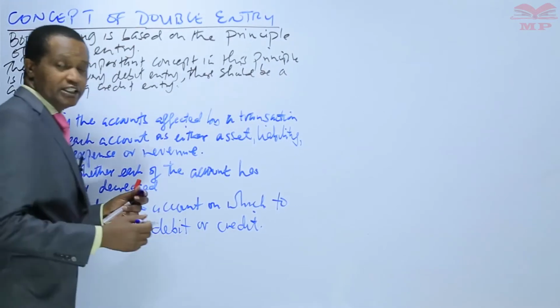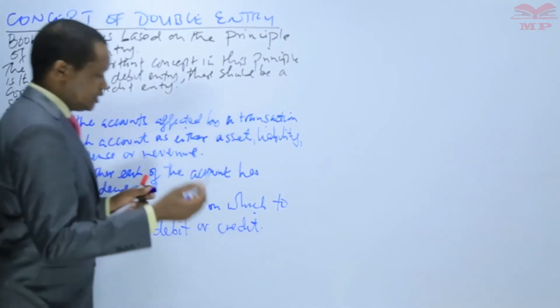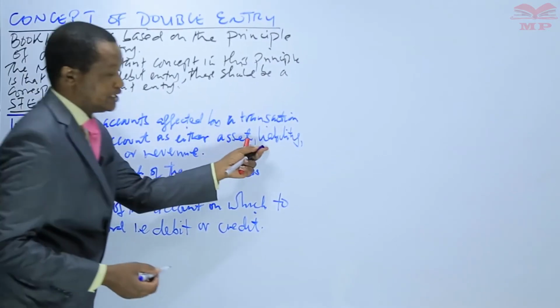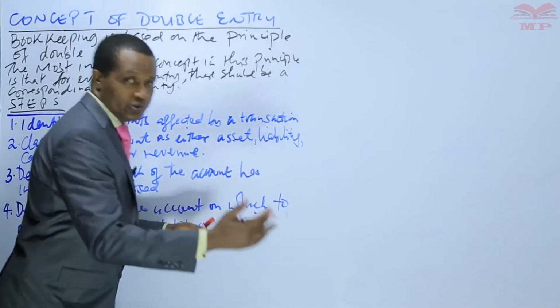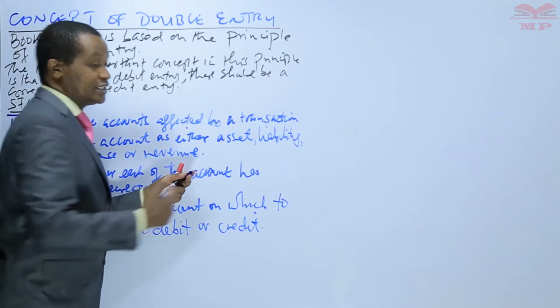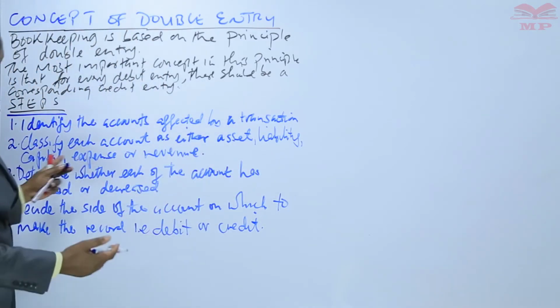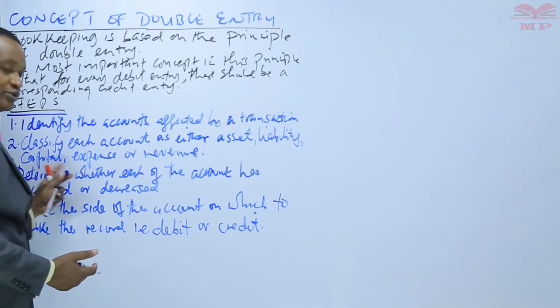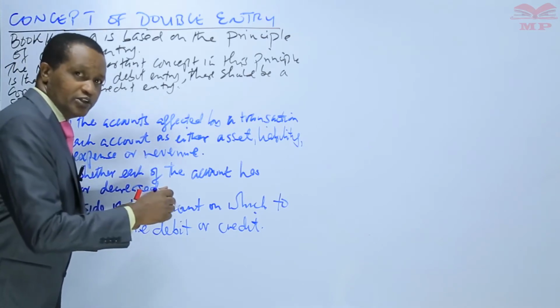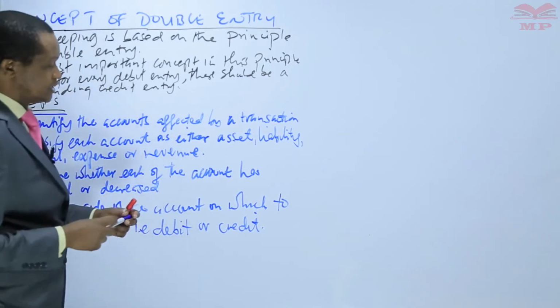When there is a decrease in an asset, do you debit or credit? When there is an increase in a liability, do you debit or credit? When there is a decrease in a liability account, do you debit or credit? When there is an increase in capital account, do you debit that capital account or do you credit it, and so on. That's what we learned in our last lesson.